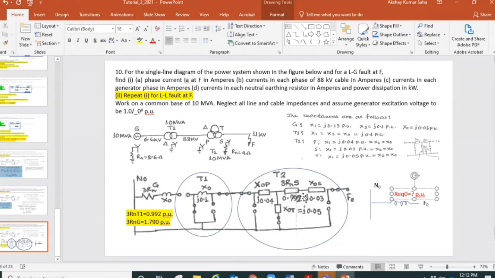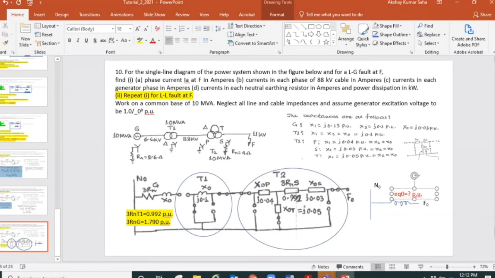0.55759, no, that's wrong. Sorry about that. It's not close to the answer I have. 0.992 plus j0.67, that is the correct answer.